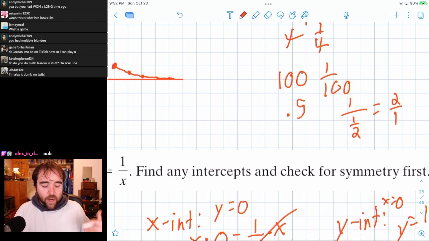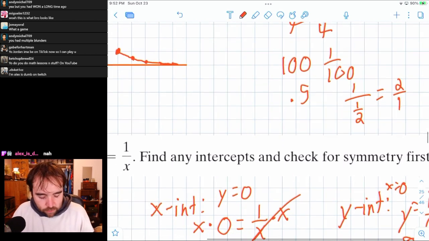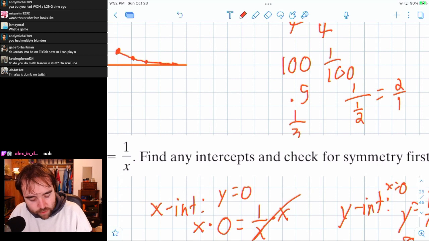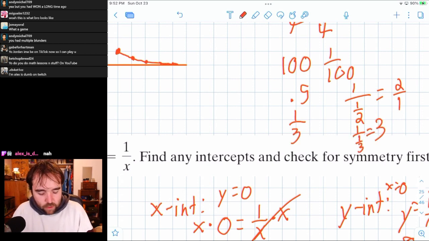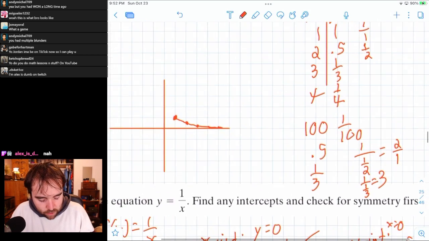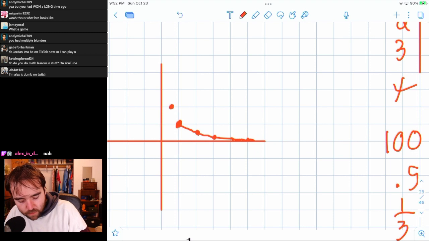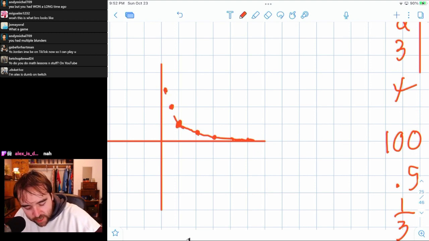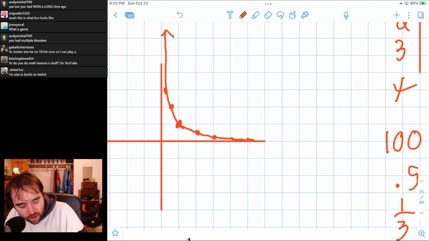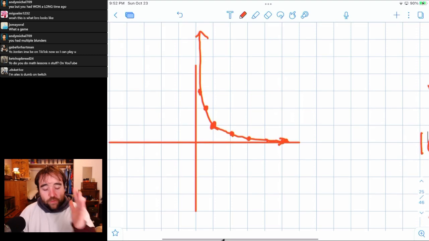If we plug in 1/2, we get out 2. And if we plug in 1/3, 1 divided by 1/3, that fraction flips over and you get out 3. So we go 1/2, 2, 1/3, 3. Look how the exact same thing is happening on this side. That graph is going up and up and up, getting closer and closer to 0.